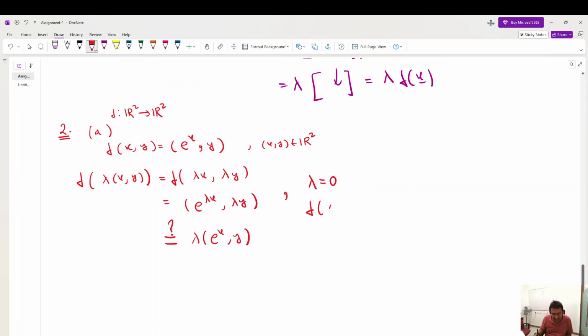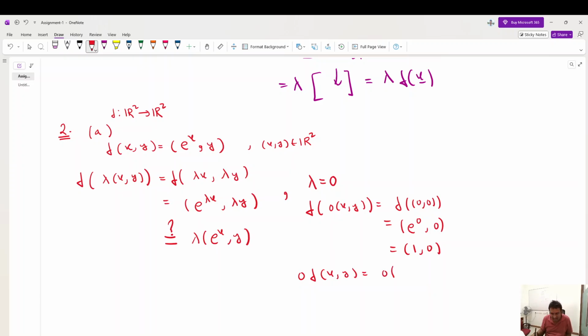What is 0 times (x, y)? This is f(0, 0), which is nothing but (e^0, 0), which is (1, 0). Now what is 0 times f(x, y)?